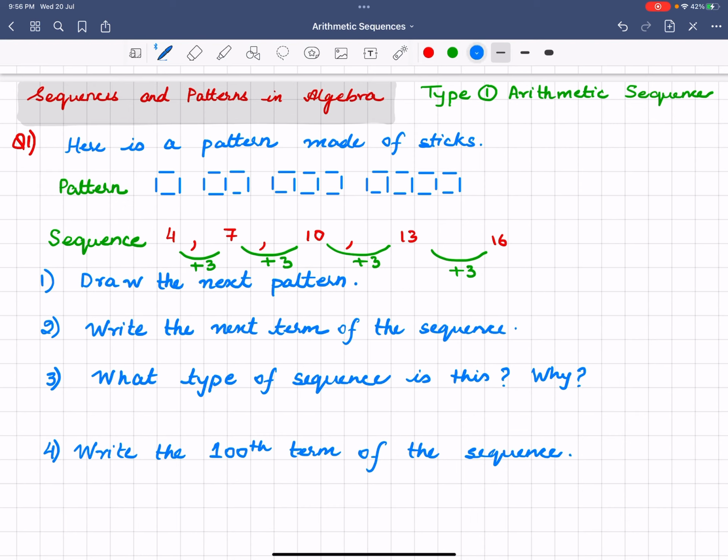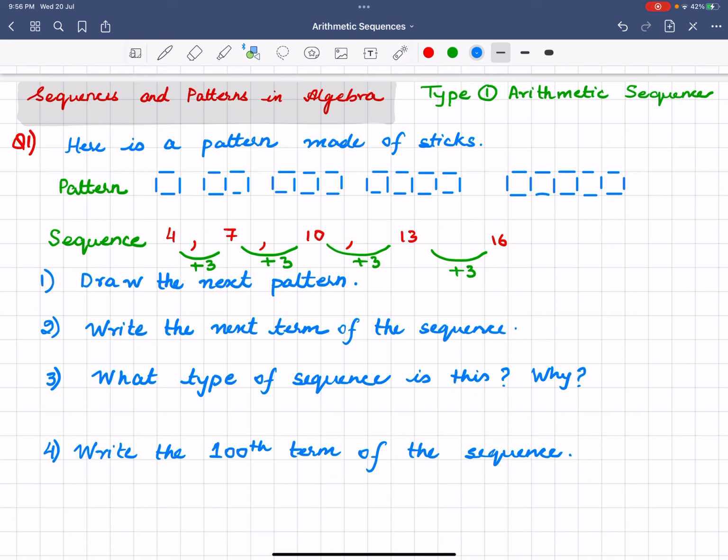So let's draw the next pattern. We have the next pattern with 16 sticks.